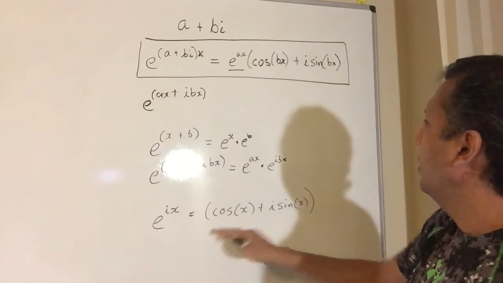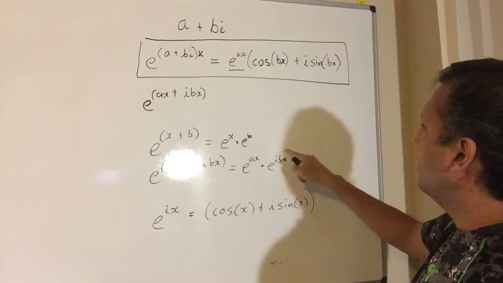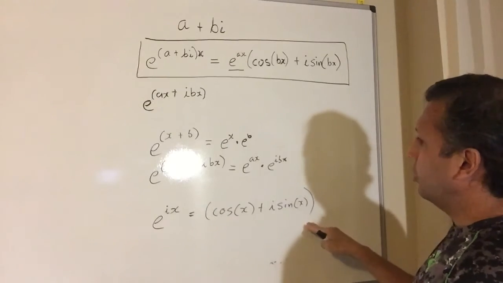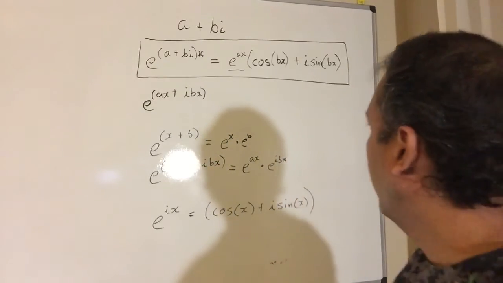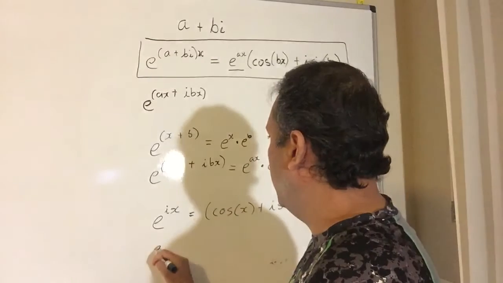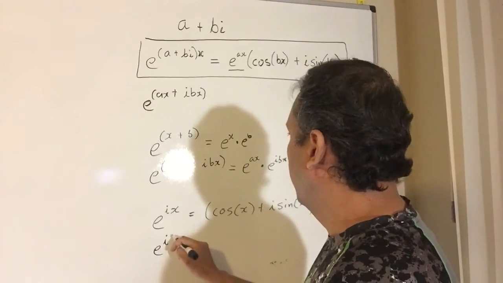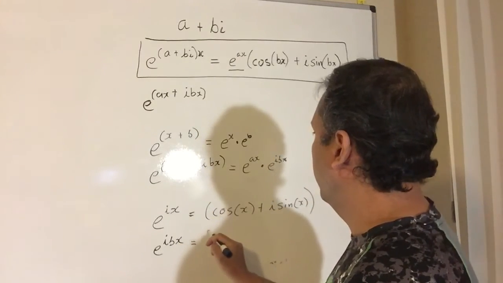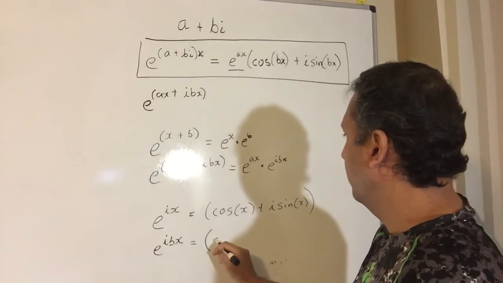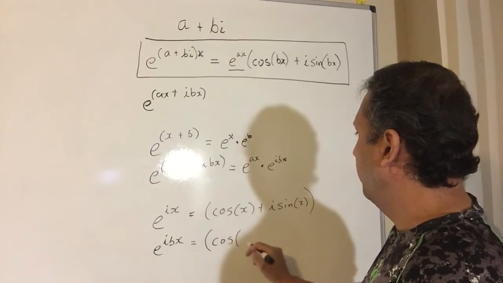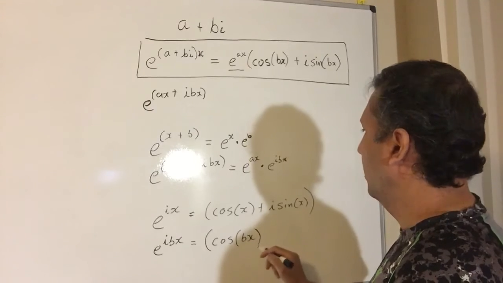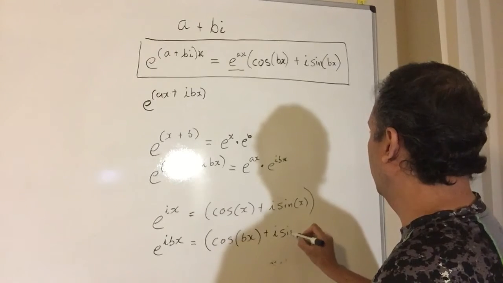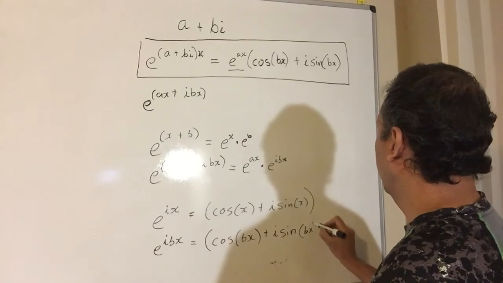So using that same concept, I'm now going to translate this value here into a trigonometric expression or function. So e to i bx can also be written as cos bx plus i sine bx.